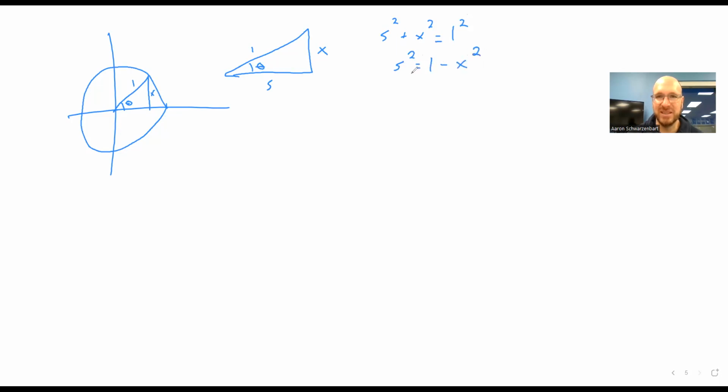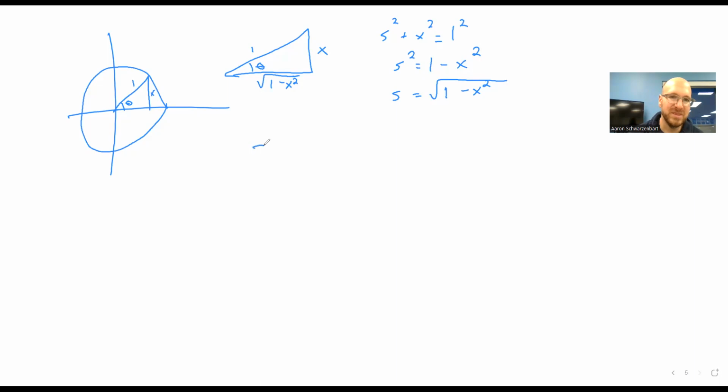When I take the square root, I'd have the plus or minus, but these are lengths, so they're always plus. So instead of calling this s, I'm going to call this the square root of 1 minus x squared. This comes up as very useful in calculus.